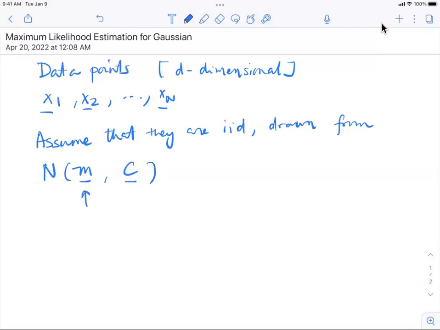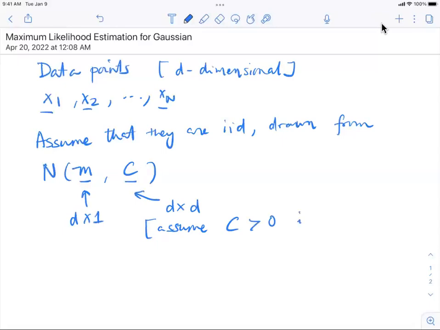So the mean vector is a d times 1 column vector by our convention, and the covariance matrix is d cross d. The covariance matrix is non-negative definite, but let's for simplicity assume that C is strictly positive definite, which is our notation for positive definite.